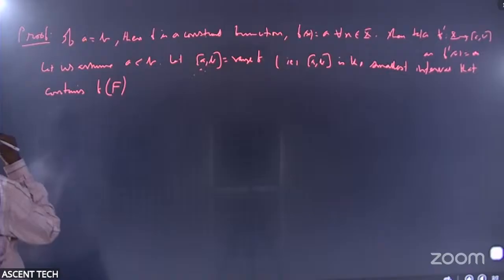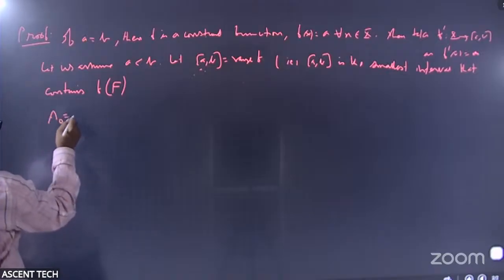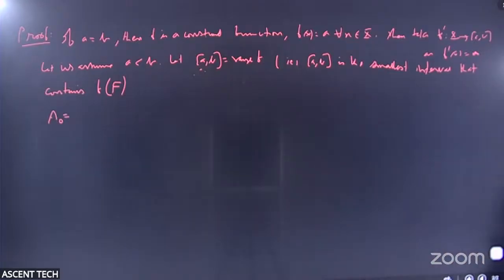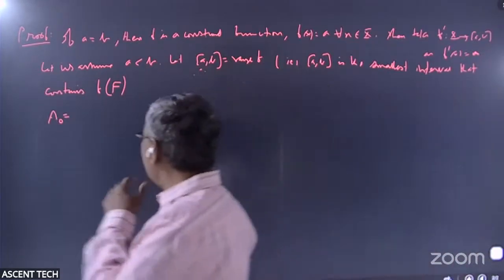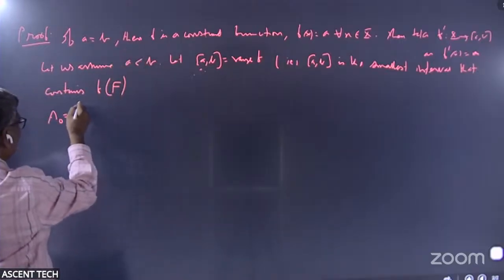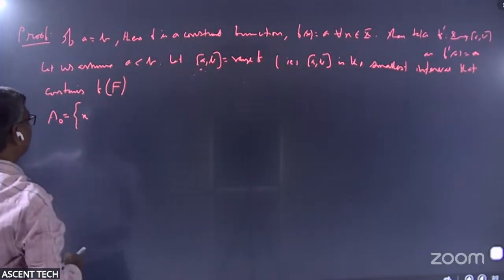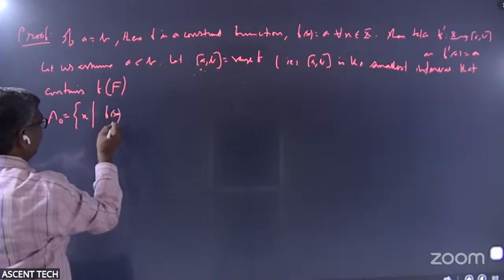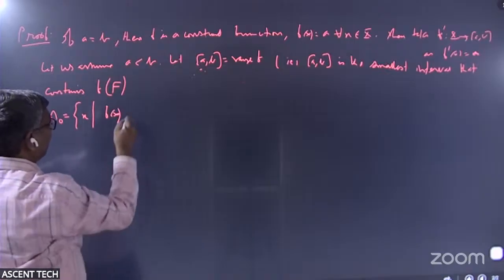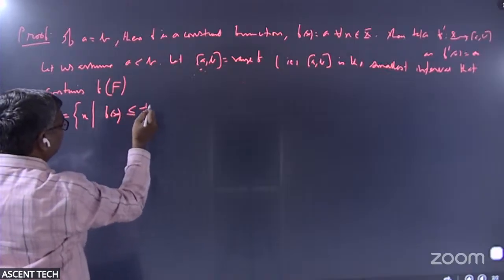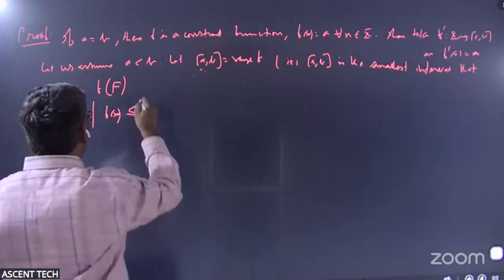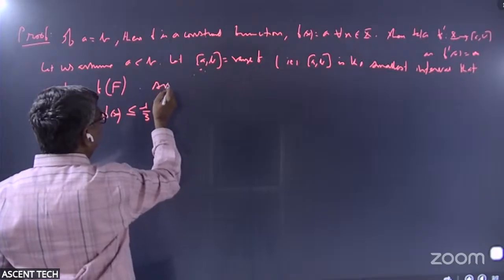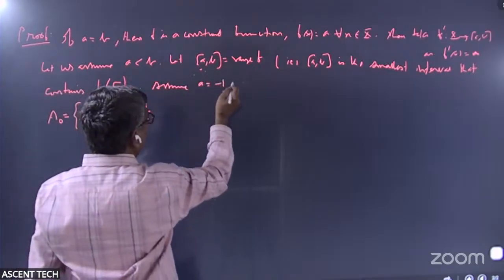First of all, let us look at A naught, to contain all the values of x in F such that f(x) is less than or equal to minus 1/3. You know what? I want to do the following. Assume a is -1 and b is 1.